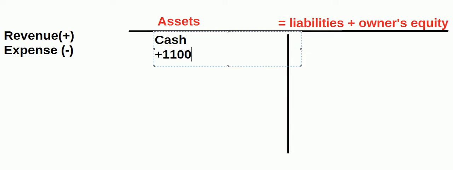Okay? How do you receive cash? From sales, right? Okay? So here under owner's equity, which account is being affected? Remember, owner's equity is not the account title. The account that is being affected is the capital account.